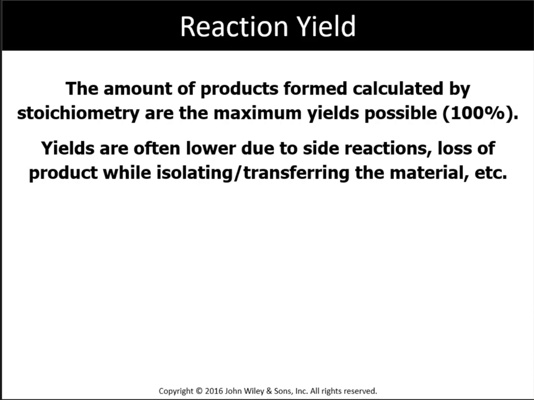However, depending on the complexity of your experimental procedure, you may lose some of your product. Losing meaning, let's say, you're filtering your product out and you don't filter it too well, or if you have stepwise reactions, you're not able to recover 100% of the product in each step.